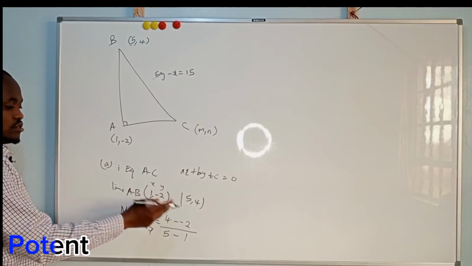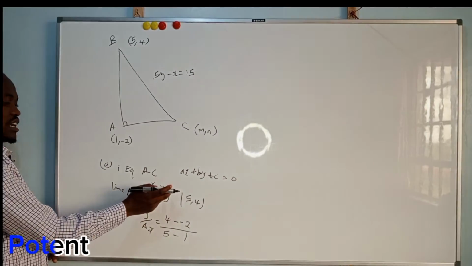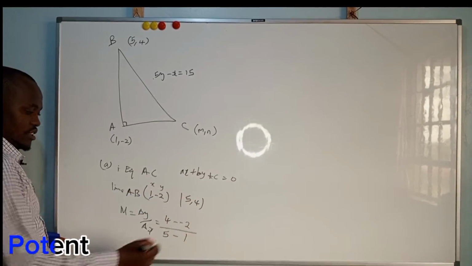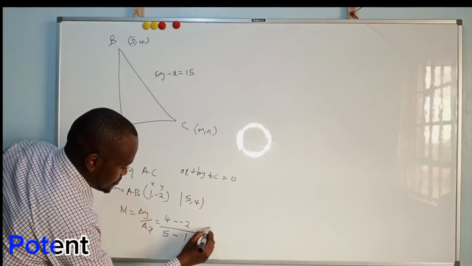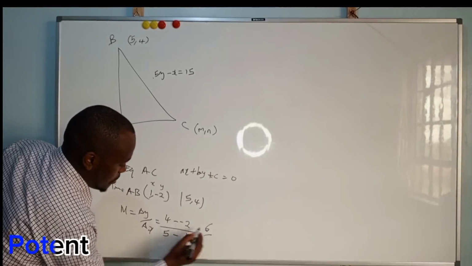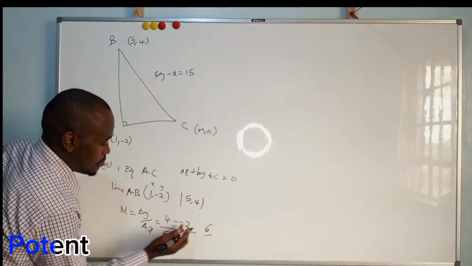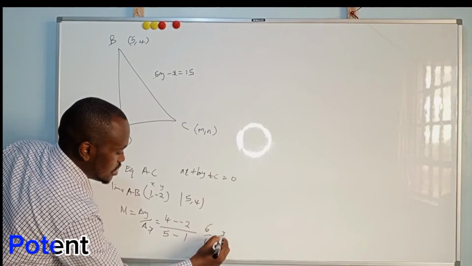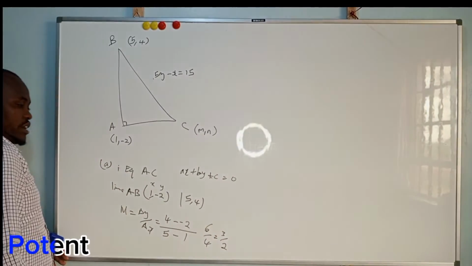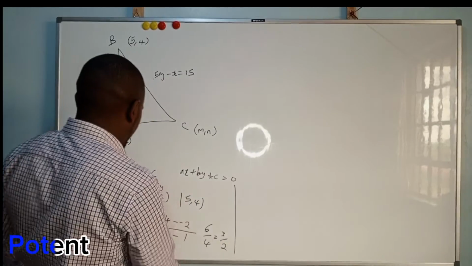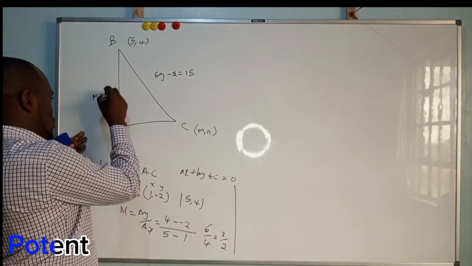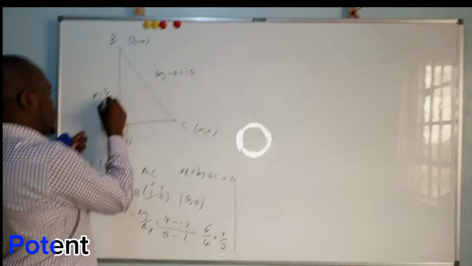If you start with negative 2, it is negative 2 minus 4, and then 1 minus 5. So this is 6 over 4, remembering that minus minus is positive, so it is 4 plus 2. So you have 3 over 2. This is the gradient of AB. This m is equal to 3 over 2.